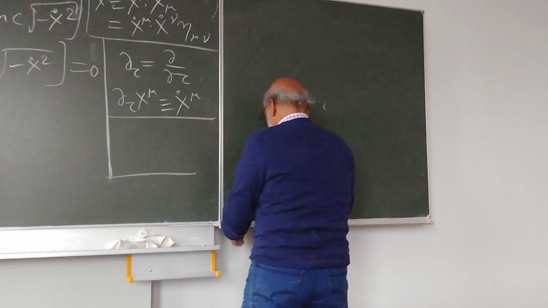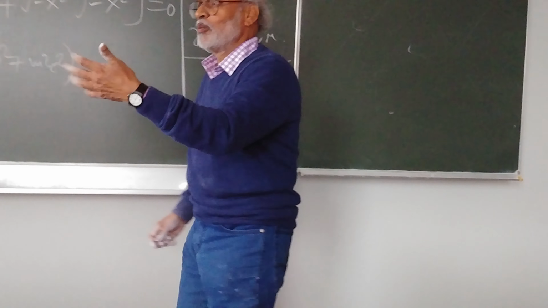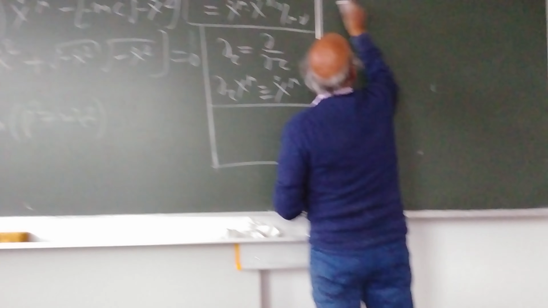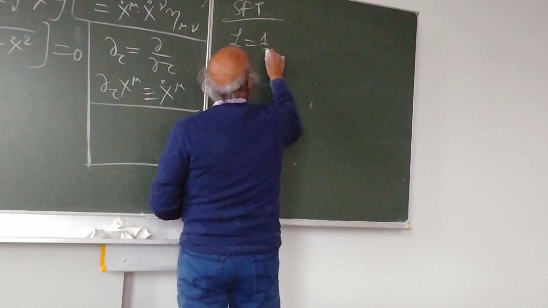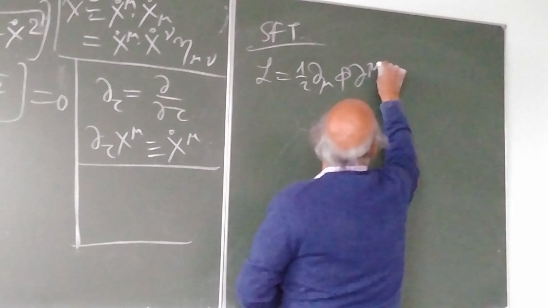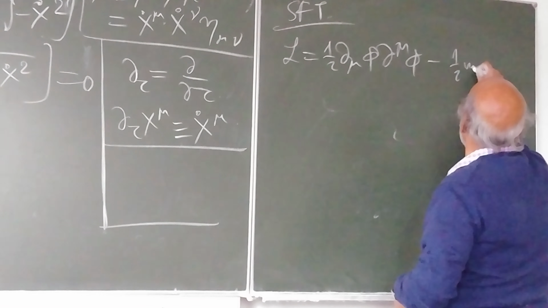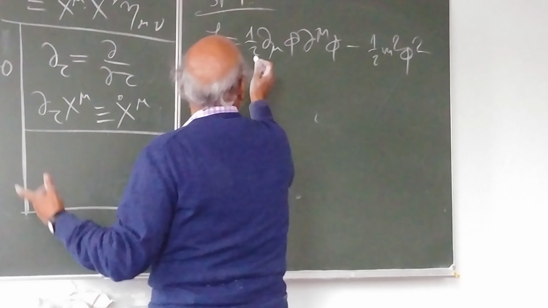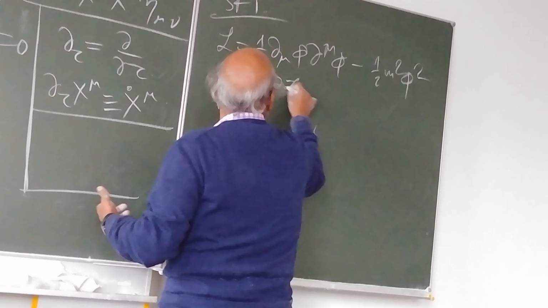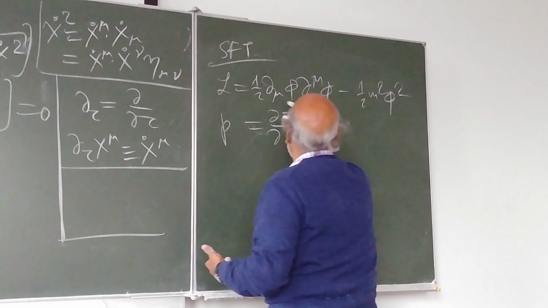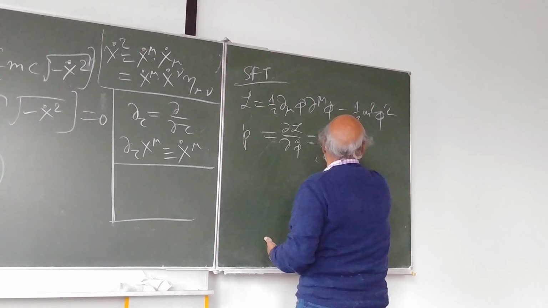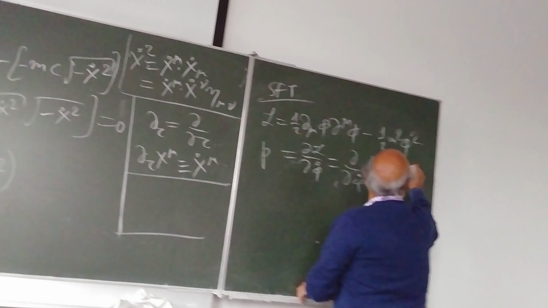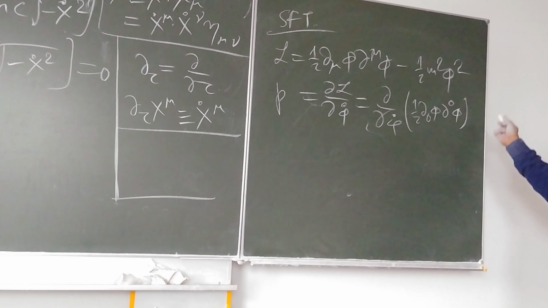For example, just go to field theory. I always like to go back to simple field theories for my understanding. So, scalar field theory. You write 1/2 of d mu phi d mu phi minus 1/2 of m square phi square. Here, when I obtain P, this is del L over del phi dot. You can see this comes from the first term, 1/2 d0 phi, all other terms would give me 0.